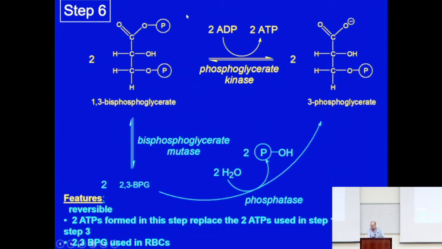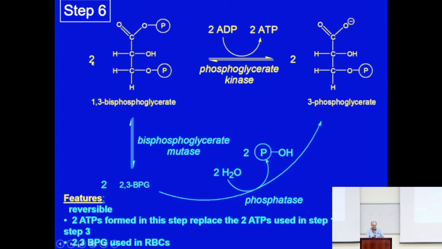This is a very important step, again, in that it produces energy. So you want to pay attention to where energy is produced. This bond here is a high energy bond in 1,3-bisphosphoglycerate. If you break it, you produce enough energy to allow the synthesis of ATP from ADP.